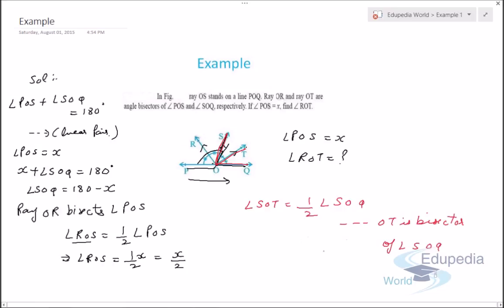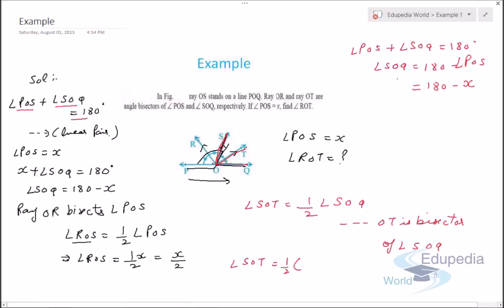So this means angle SOT can be written as half of... now we have written over here angle POS plus angle SOQ is 180 degrees. So angle SOQ can be written as 180 minus angle POS, which will be equal to 180 minus x, because angle POS is x.